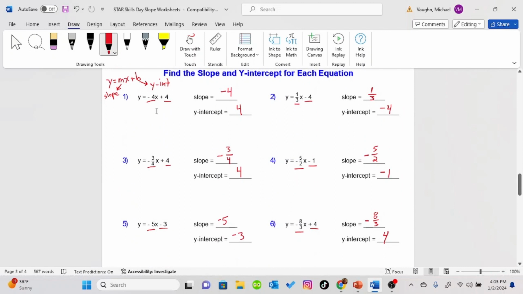Next, we used slope-intercept form of an equation to find the slope and the y-intercept. Your slope will always be the number and sign in front of the x, and your y-intercept will always be the number and sign that is by itself.